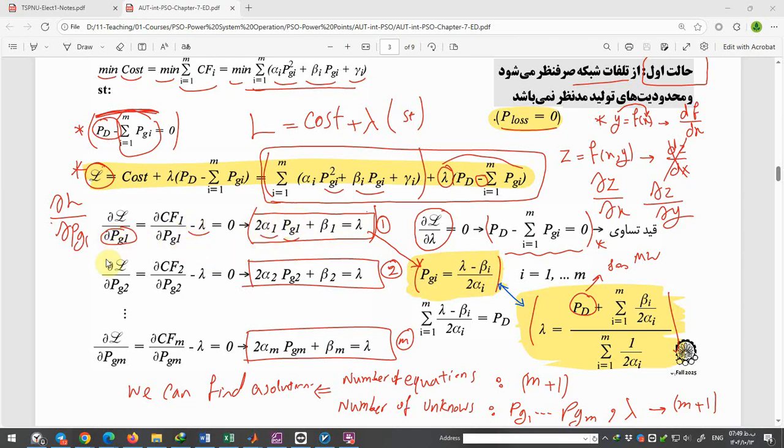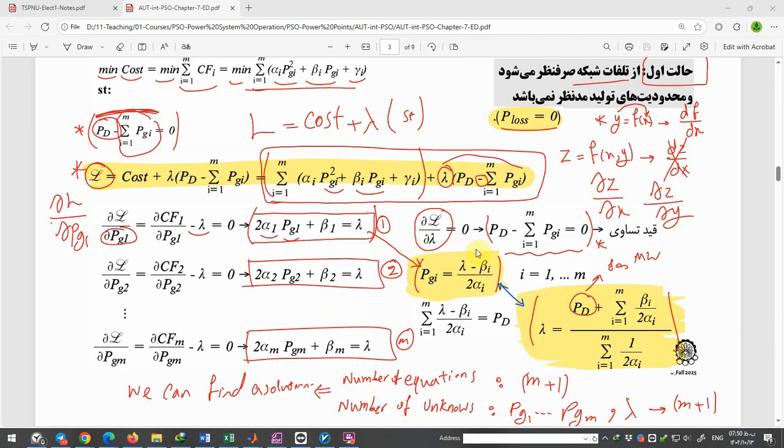We do the same for the other generators, and after that we have M equations with M unknown parameters Pg1, Pg2, up to PgM, but lambda is also unknown. The determined equations are M, but the unknown parameters are M plus 1.